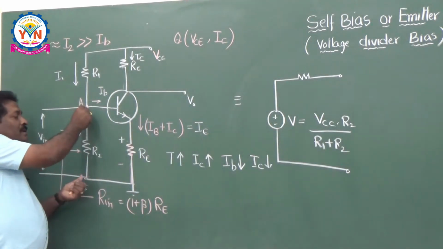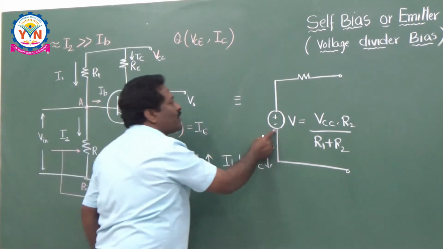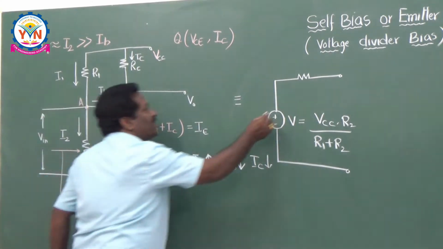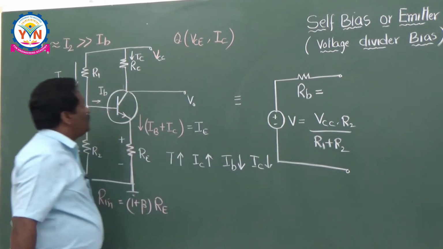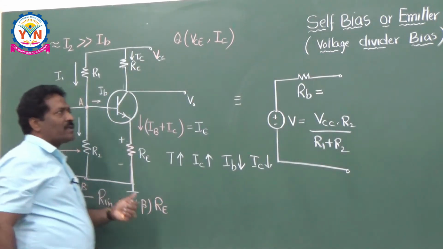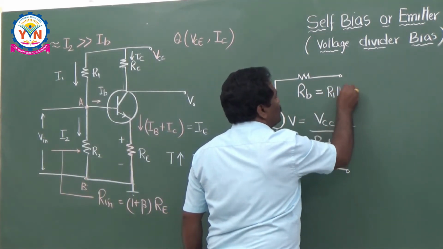Then just by seeing this, you can understand this is the voltage source. Then Thevenin's theorem requires a resistance in series with this. What is that resistance? That resistance is nothing but the base resistance RB. This RB will be equal to the parallel combination of R1 and R2. So you can say RB is equal to R1 in parallel with R2.